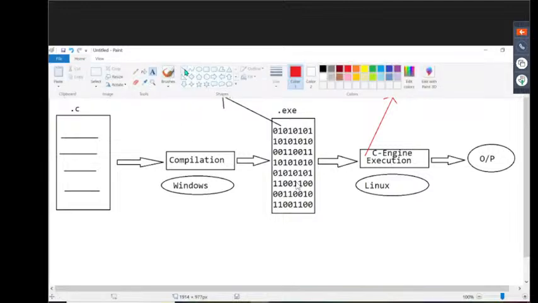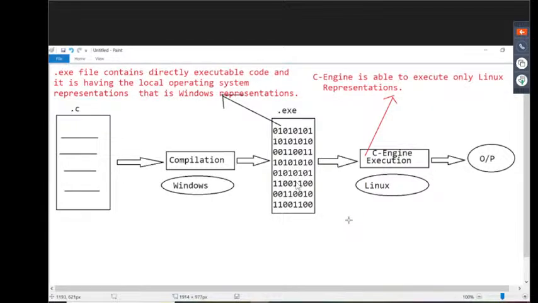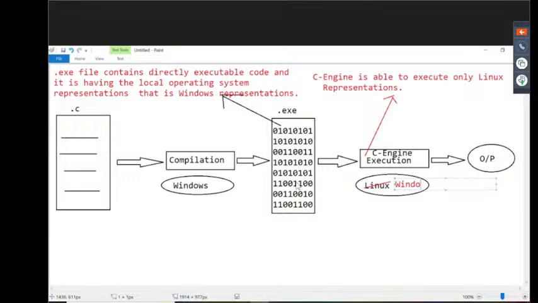We don't have any other alternative. Only one alternative is available: instead of using Linux, we must use the same operating system that we used for compilation.